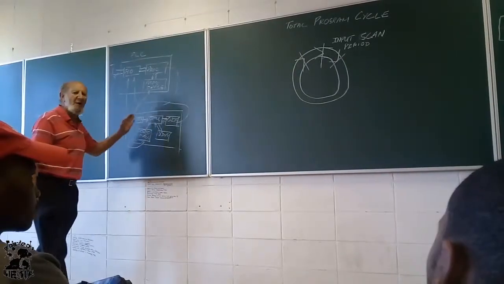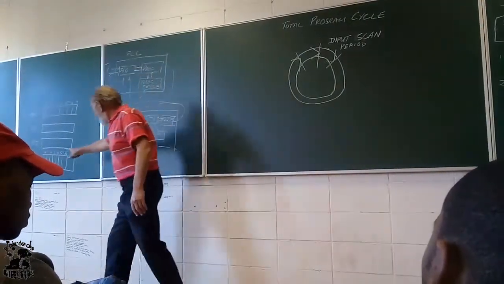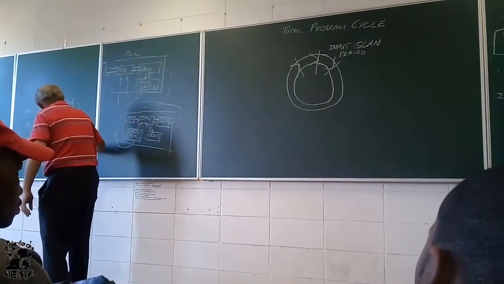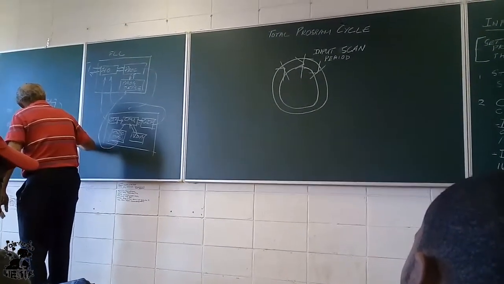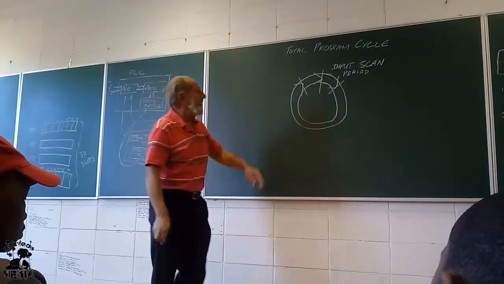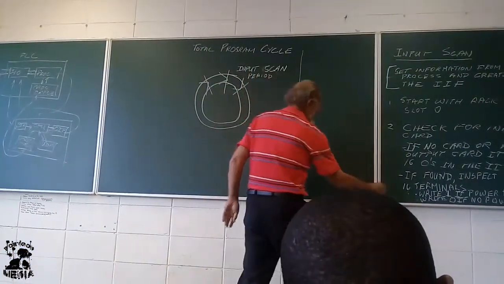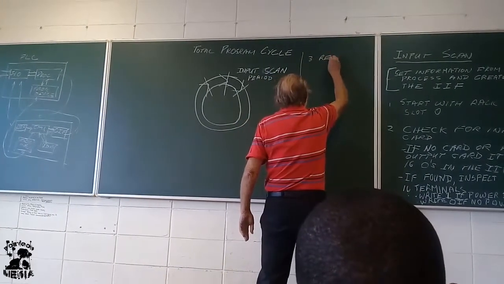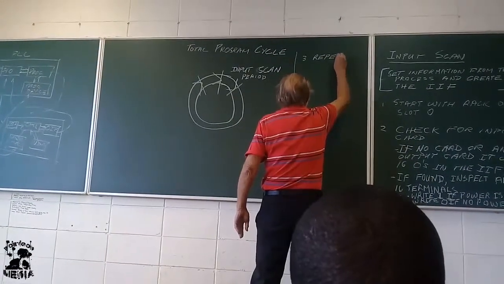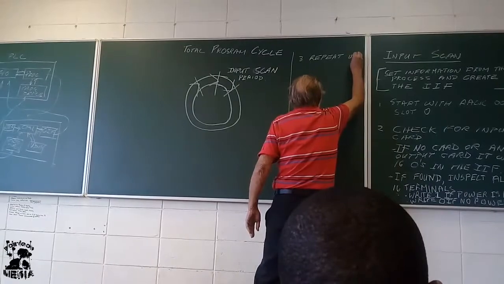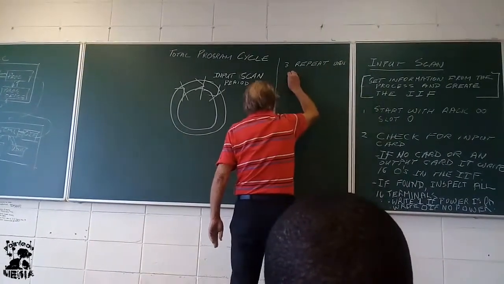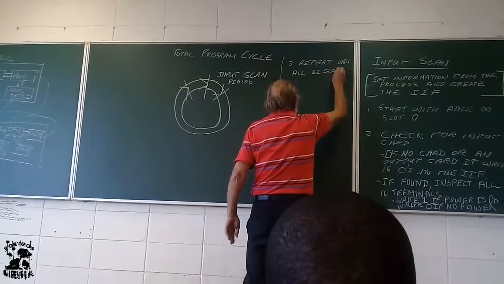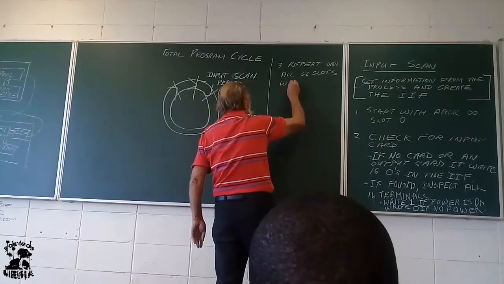Then it checks the next slot. How many slots are there? 32 slots. So after that, repeat until all 32 slots have been inspected.